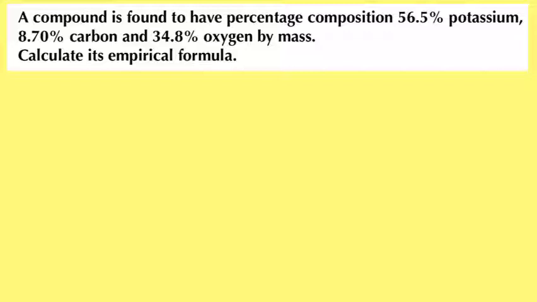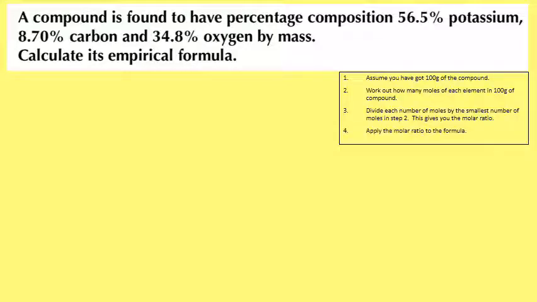Okay, so let's do it. First of all, let's get our process up. This is the process we studied in the previous slide. So we're going to assume that we've got 100 grams of the compound to make the percentages easy. So we're going to do that, and then we're going to work out the moles of each element. Okay, so let's first consider potassium.